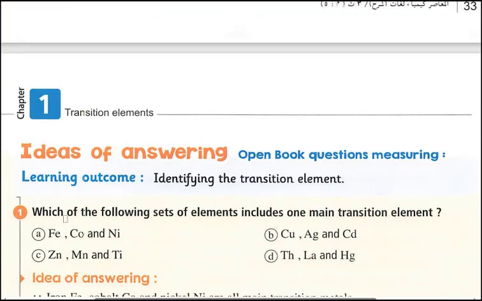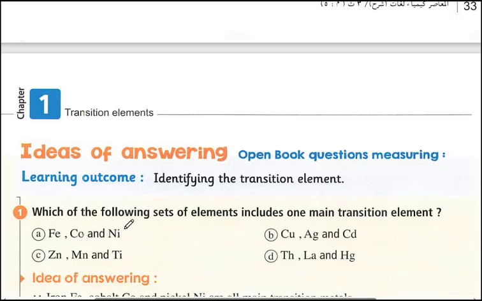Here, which of the following sets of groups of elements includes one of the main transition elements? So, okay, iron 4s2 and 3d6, 26. Cobalt after iron 27, 4s2, 3d7. Nickel 4s2 and 3d8.